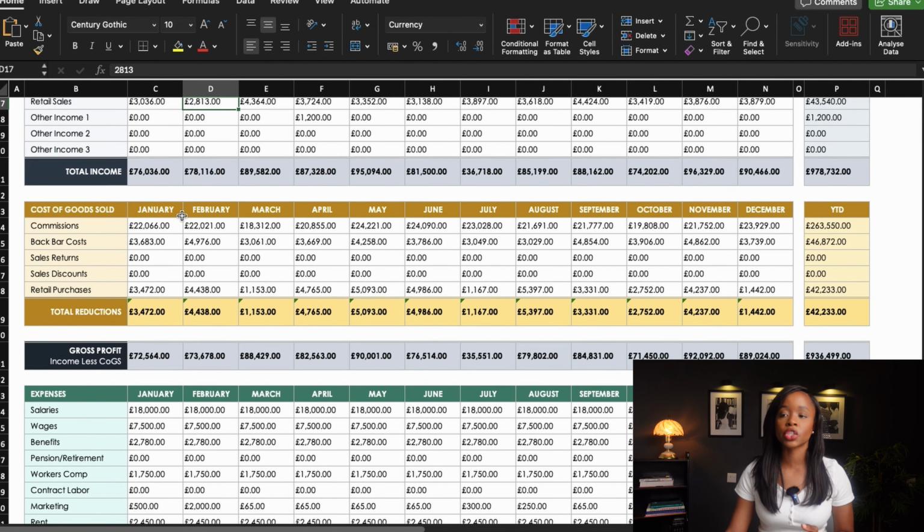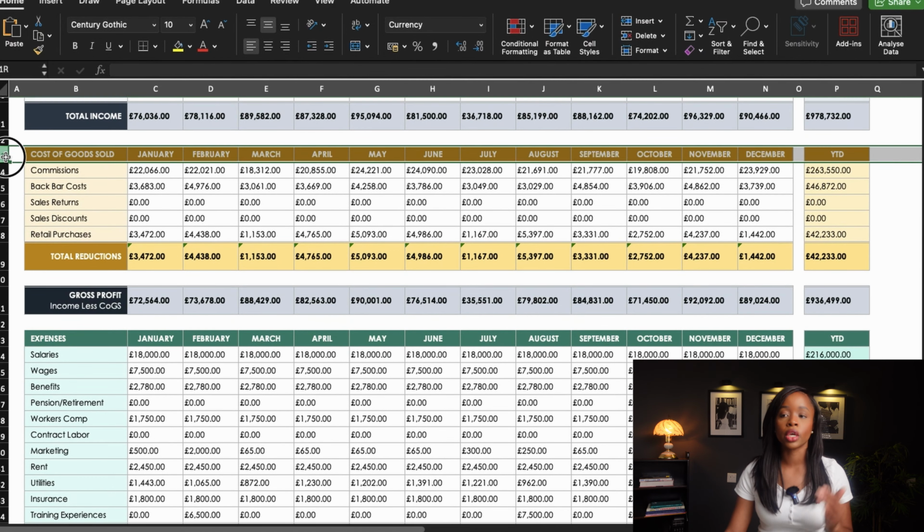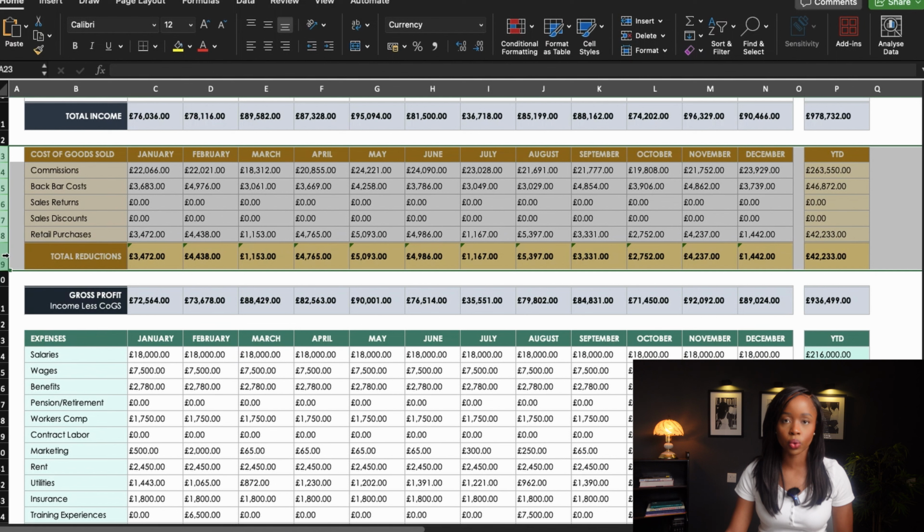Now, the second section of your profit and loss statement will generally need to include your cost of goods sold, okay? Now, this can also relate to someone who is running a service-based business, but not necessarily producing an actual standalone physical product, okay? When running a business, you will usually have costs that are associated with actually creating that good or actually delivering that particular service.